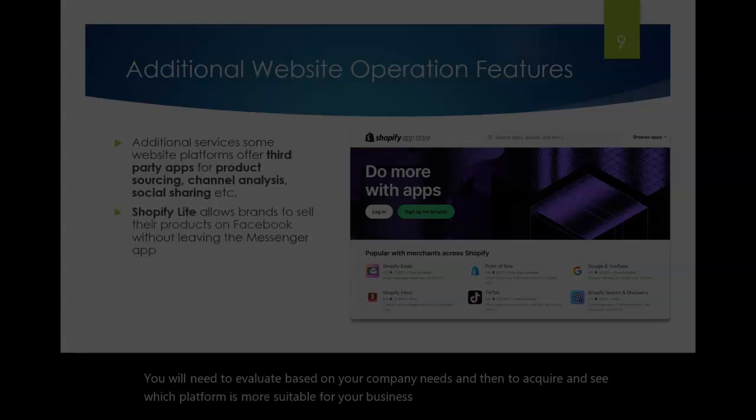For example, Shopify offers Lite options, which allow brands to sell their products on Facebook without leaving the Messenger app. At the point when we are recording this video, this is still available.